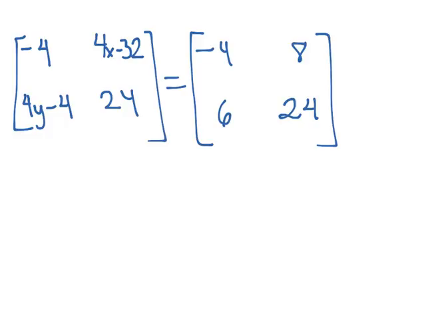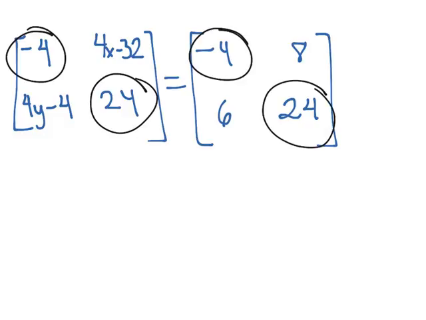So now we set them equal to each other, and we see that the entries that should be the same are actually the same. So negative 4 and negative 4 are equal, and 24 and 24 are equal. So since our size and our corresponding entries are equal, we know that these matrices are in fact equal to each other. And using that property, we know that this entry must be equal to 8.